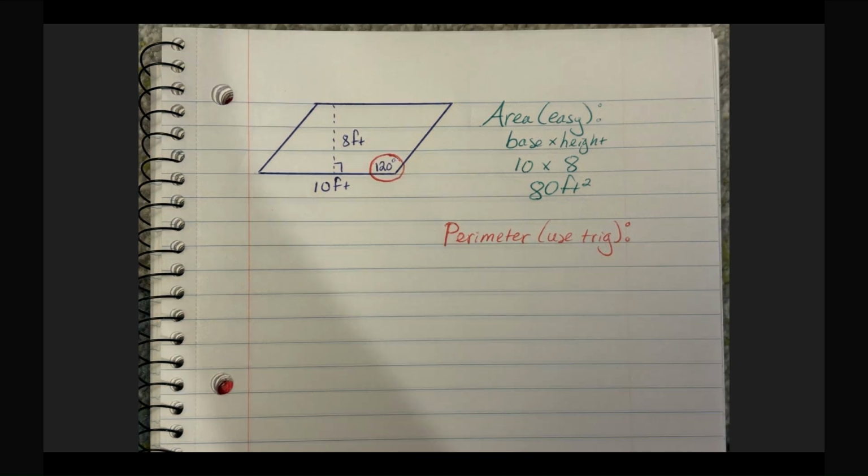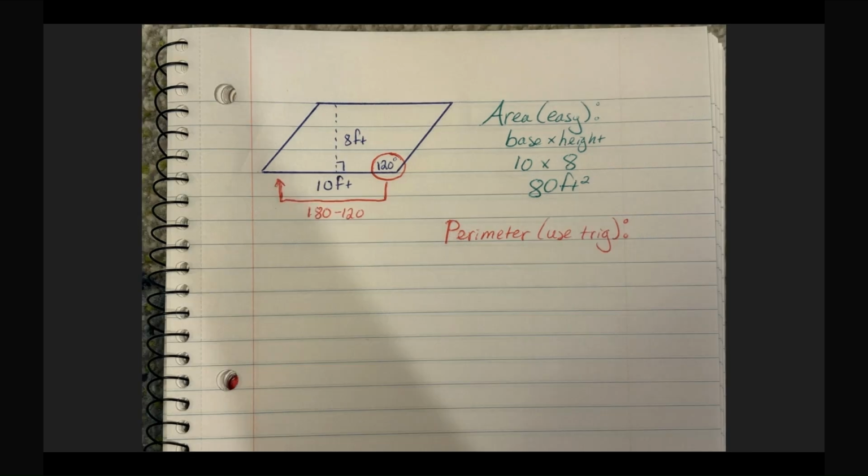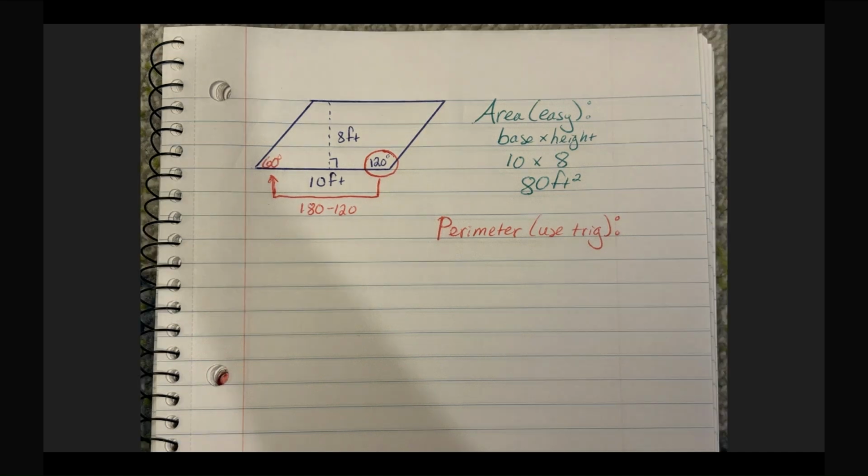So we're going to have to use what we know about parallel lines to find the angle on the other side. We know that parallel lines have same side interior angles supplementary, which means that we can say that other angle on the other side is 180 minus 120. So we know that that angle is 60 degrees.